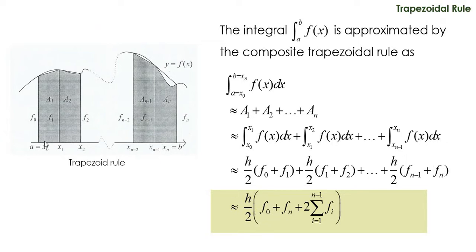F0 is for our first function of our first area here, and then plus our final value here, which is fn, and then plus 2 multiplied with the summation of everything inside this area of curve. So this is the formula for trapezoidal rules. We will try to do it in our examples afterwards.